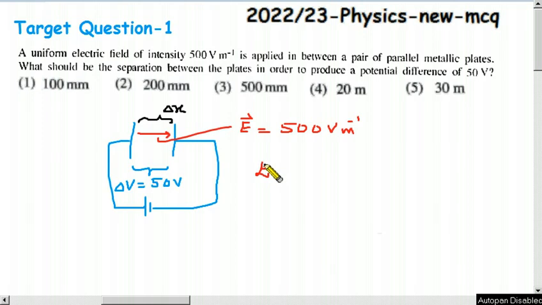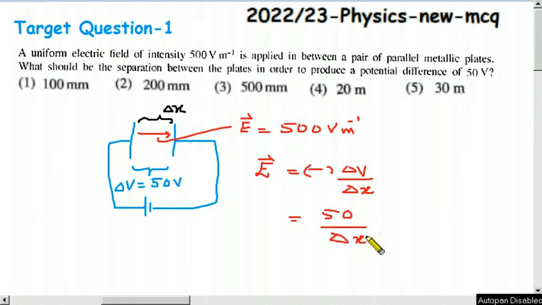So the equation is the same, E equals dV by dx. So neglect the negative sign. So 50 is given. Delta x we don't know.